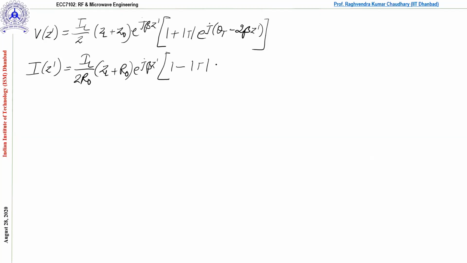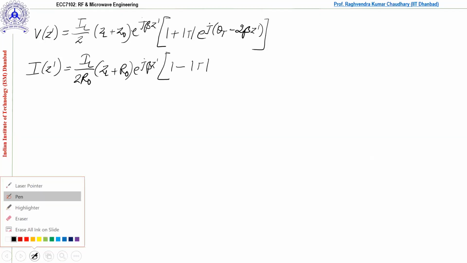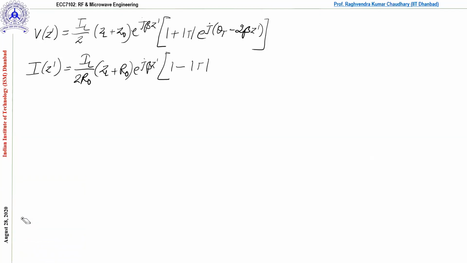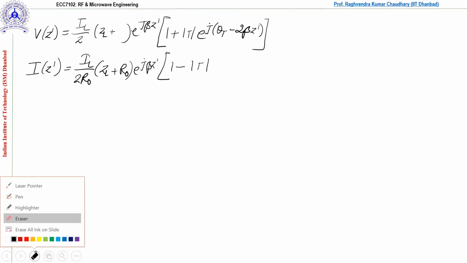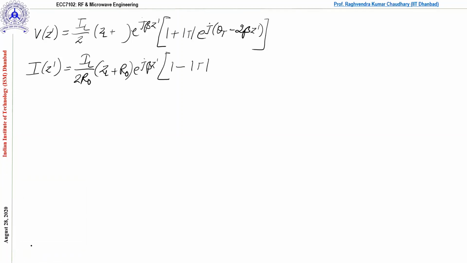So it is better to put R naught, and in the first equation also I should put R naught, because now we are talking about these things for the lossless case. So put R naught here. Fine. Please correct it. So e to the power j theta gamma minus 2 beta Z dash.